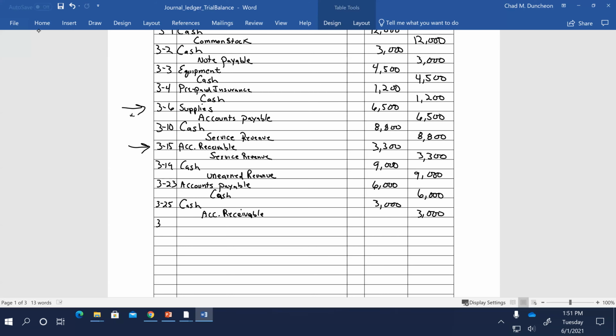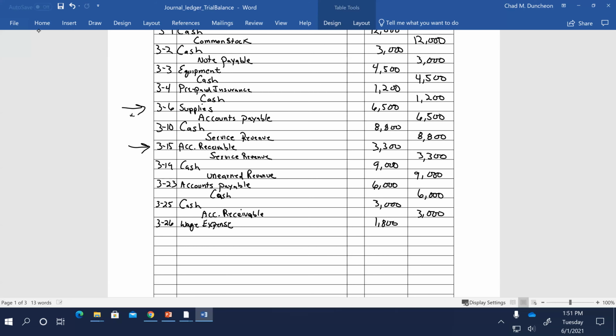So on 3/26, we have a wage expense, or it could be called salary expense. In this case, it does say salary, so it might be better to call it salaries. But salaries and wages are kind of the same thing here. In the amount of $1,800.